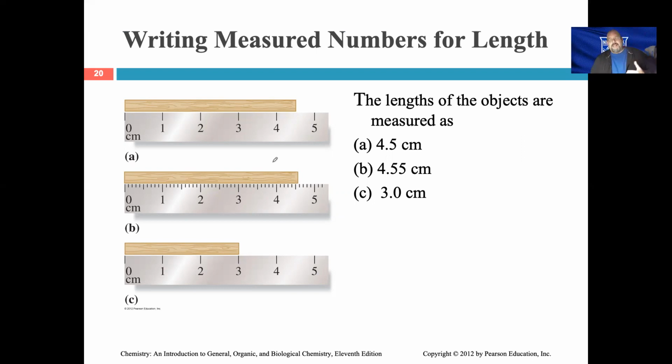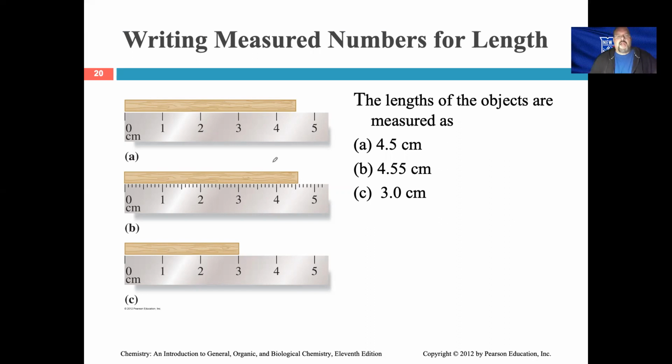I can come in and say, wait a minute, to me, the wooden plank looks closer to 4 than it does to 5. It looks like it's close to the middle, but I think it's closer to 4 than to 5. So I might write 4.4 centimeters. Somebody else might come in and say, you know what, you're both wrong. To me, that looks closer to 5 than to 4.